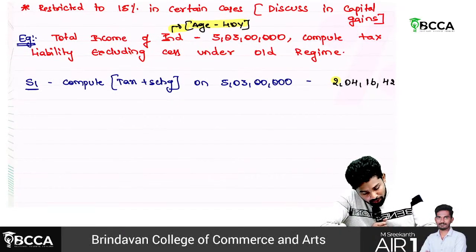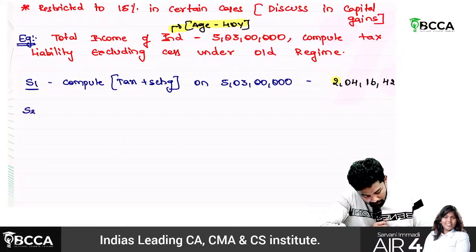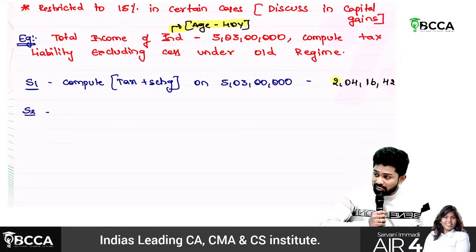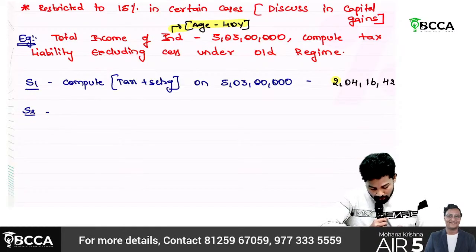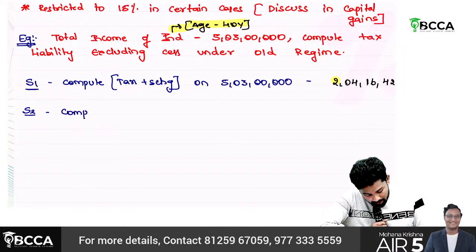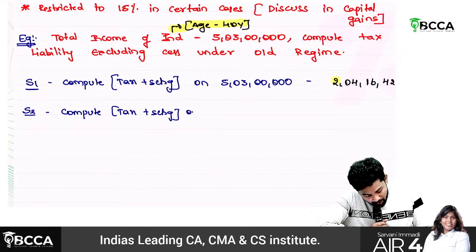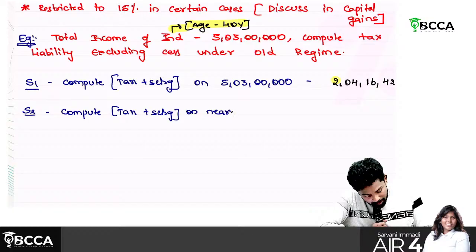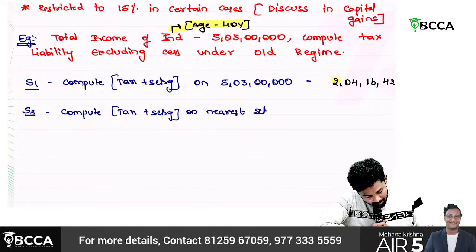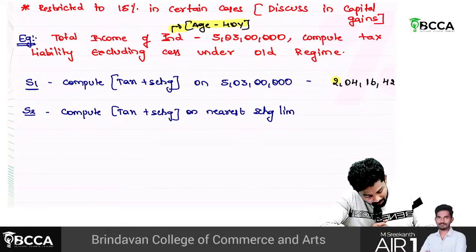Then step 2. What should we do in step 2? What is the nearest surcharge limit here? 5 crores. So compute tax plus surcharge on the nearest surcharge limit, which is 5 crores.